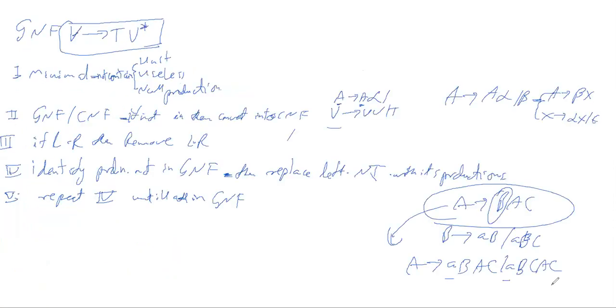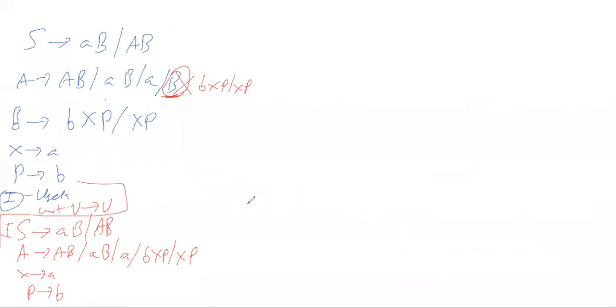The third step is, if left recursion is existing, remove the left recursion. So the second step we are skipping. What was the second step? If there are any productions which are not in GNF or CNF, identify them and convert into CNF. Already, all the productions are starting with a terminal.